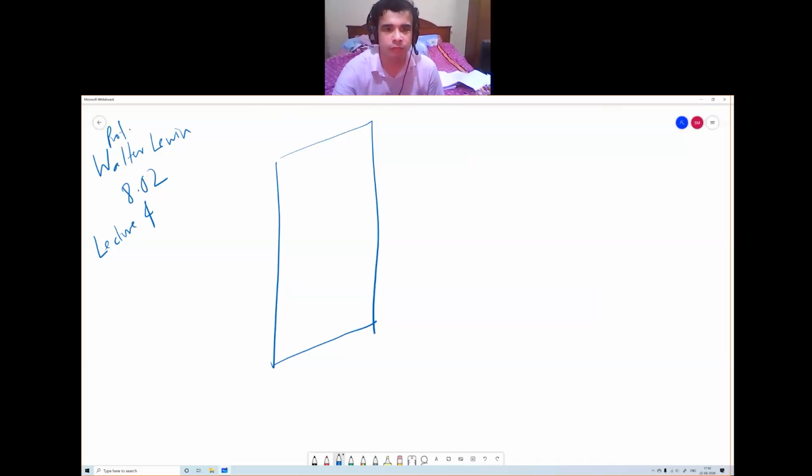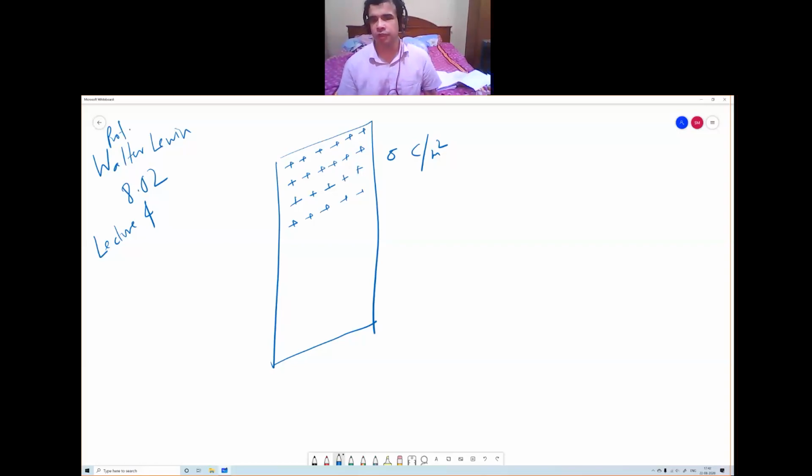So I have an infinitely long surface with a uniformly charged density of sigma coulomb per meter square. Assume that this is infinitely long and the charge density is uniform.